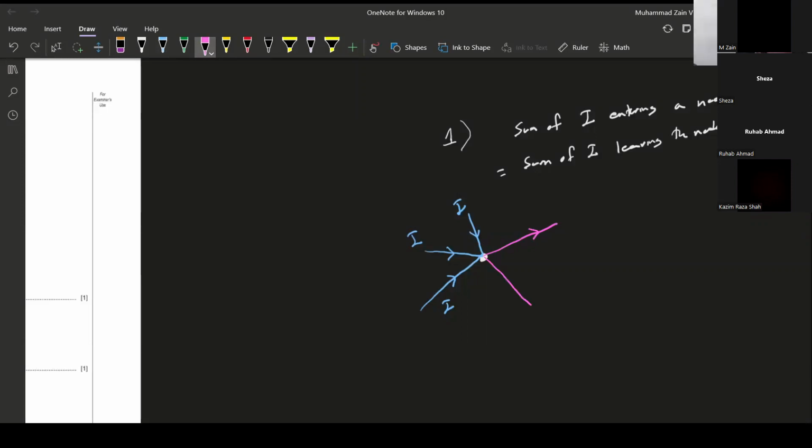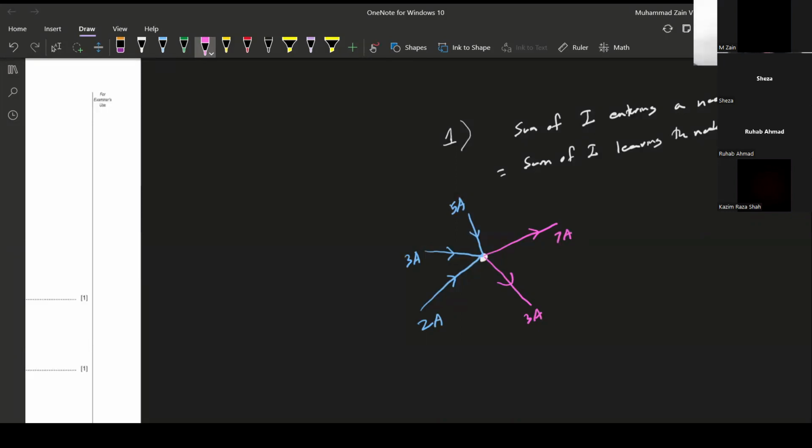If I now give them some values, say the entering currents are 2 ampere, 3 ampere and 5 ampere, then the leaving currents are 3 amperes and 7 amperes. The sum of the currents leaving the node is 10, which equals the sum of the currents entering the node. That's what the law stated: these currents are supposed to be equal.